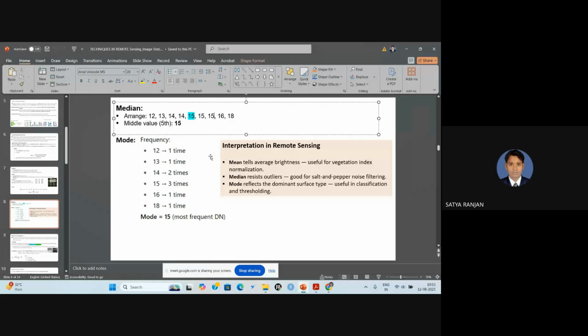If the reflectance value is more than 200, then we know that it is an artificial or concrete structure. So the mean, median, and mode give different information about the satellite image without seeing the image, and these are very useful in remote sensing applications.